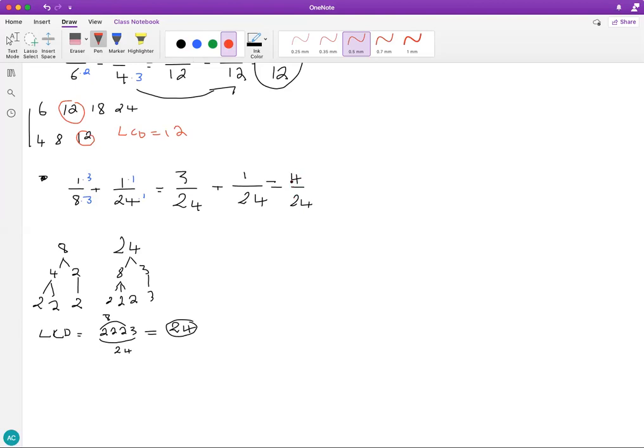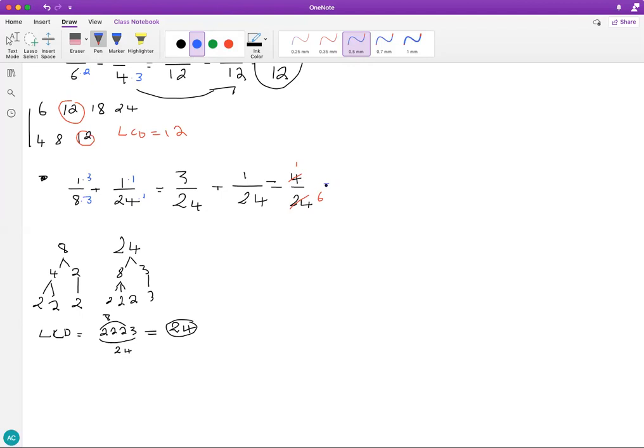What do they share? 4 goes into 4 how many times? 1 time. And 4 into 24, how many times does 4 go into 24? 5 times. Wait, not 5 times. Close. 6. That's right. 6.